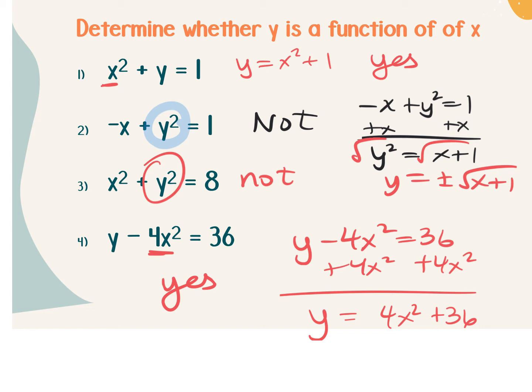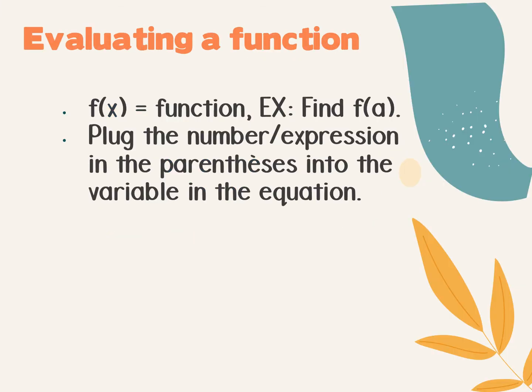Next, we're going to learn how to evaluate a function. Okay, so evaluating a function, again, with function notation, they're going to give you a value of what they want you to plug in. It'll either be a number or an expression, and the number that they want you to plug in will be in the parentheses.